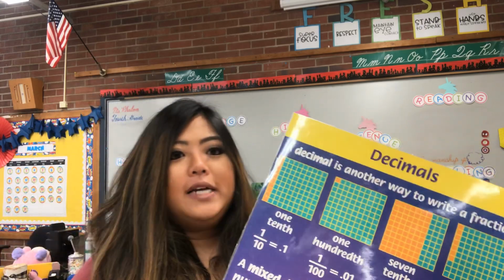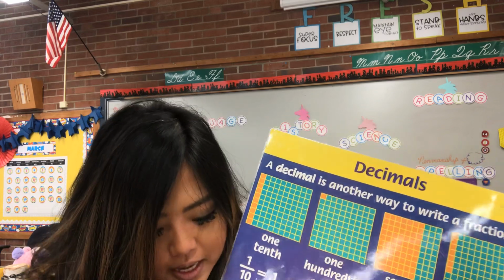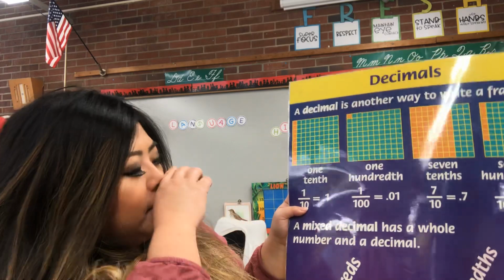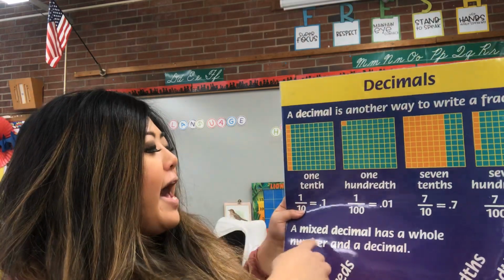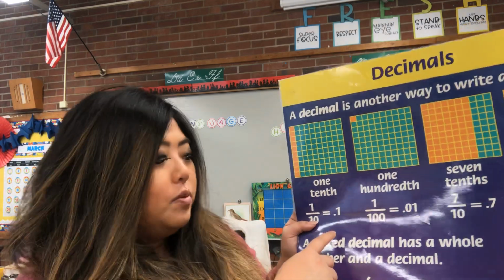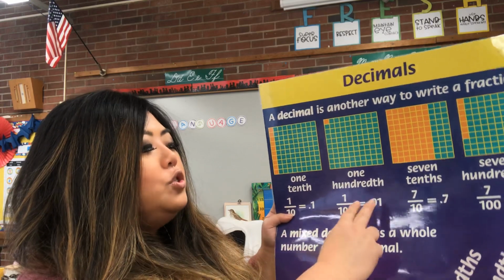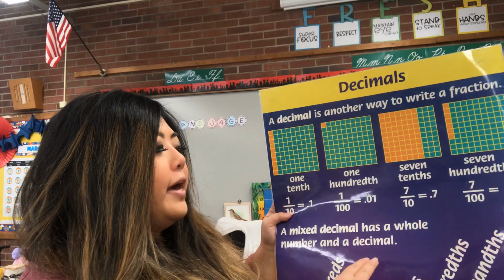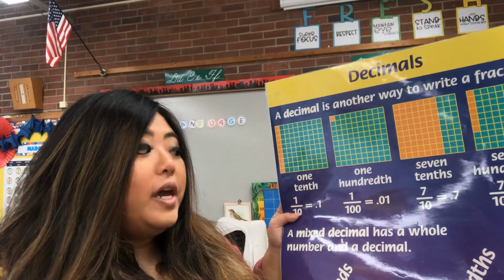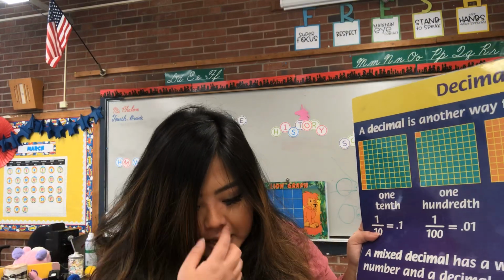If you memorized those, then you have a head start on our decimals, because we look at these and we see if it has one number to the right of the decimal point, you have tenths. If it has 2 numbers after the decimal point, we have hundredths. And if it has 3 places after, we have thousandths.